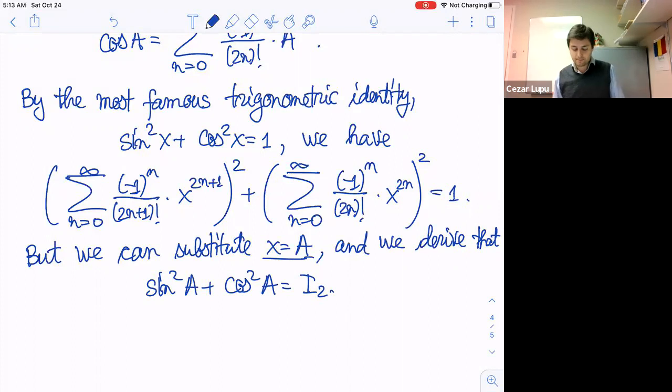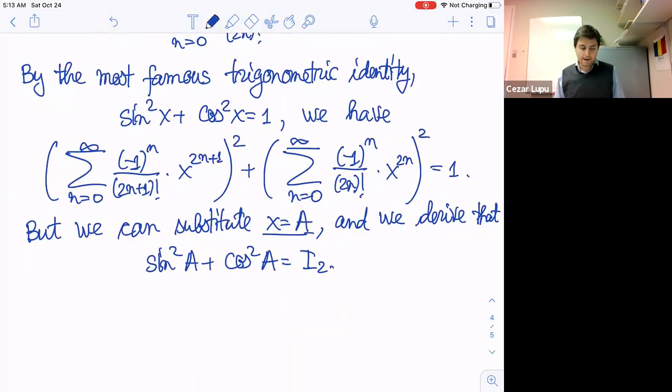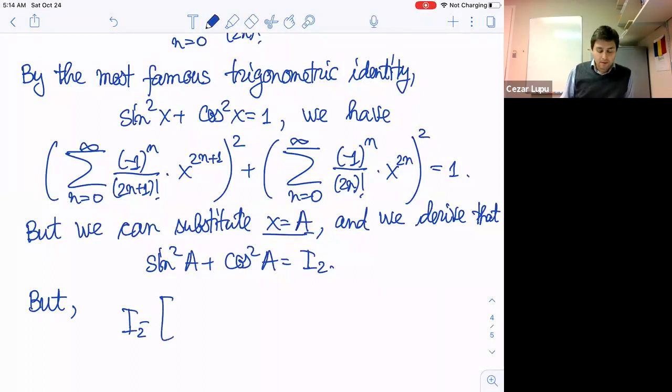We know that sine squared of A, look, it's this matrix squared. So the identity minus this matrix squared, where 0, 1996, 0, 0 squared gives 0, so this will be 1, 0, 0, 1 minus the zero matrix.